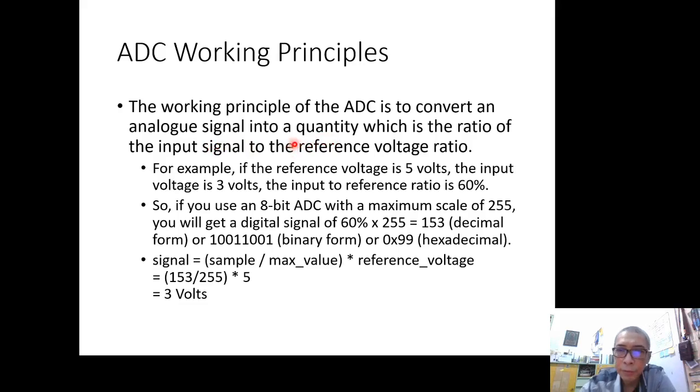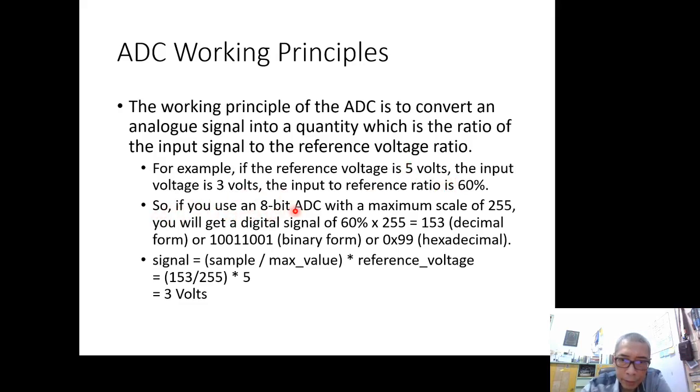For example, the reference voltage is maybe 5 volts or 3.3 volts, something like that. If the reference voltage is 5 volts and the input voltage is 3 volts, then the input to the reference ratio, 3 divided by 5, is 60%.